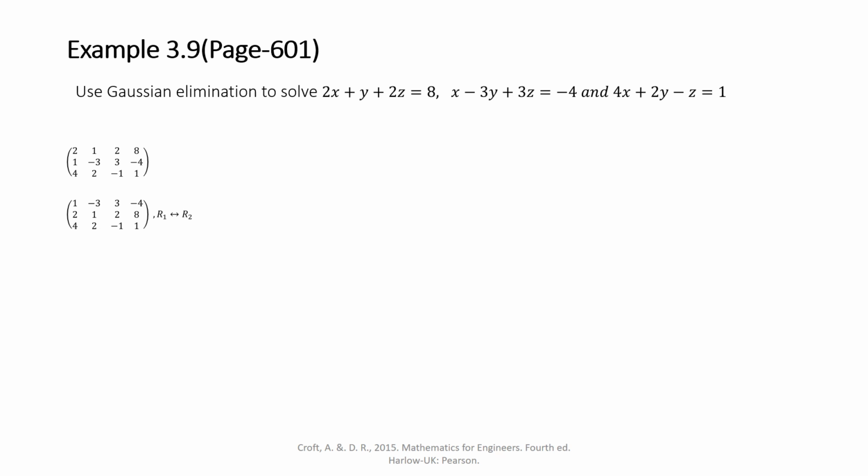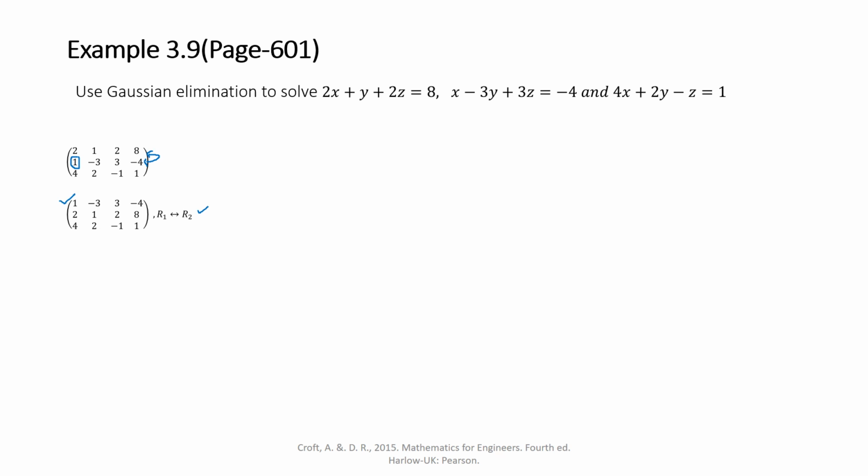Here is 1. Okay, so I change these two rows with each other, row 1 and row 2. So look, just changing their place. Now we got leading 1 in the first.